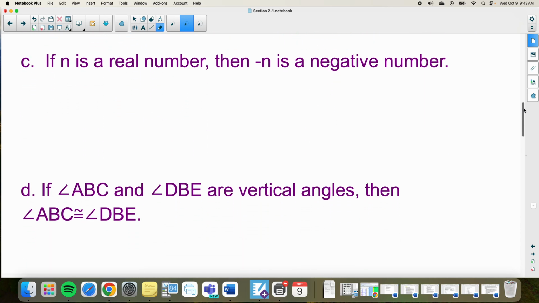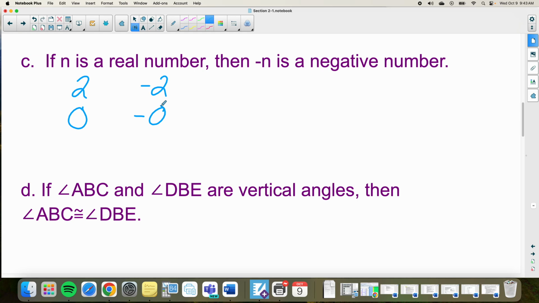Then it says if N is a real number, so again that means positive, negative, zero, fraction, decimals, then negative N is a negative number, okay? So if we try 2, negative 2 is a negative number, okay? If we try 0, there's really not a negative 0 anyway, right? But would that be a negative number? Is there a negative 0?